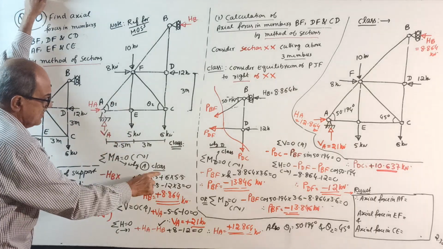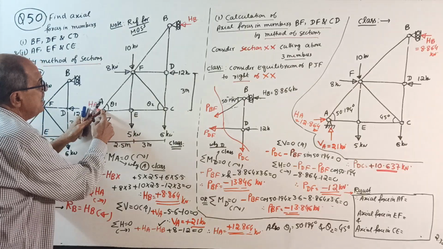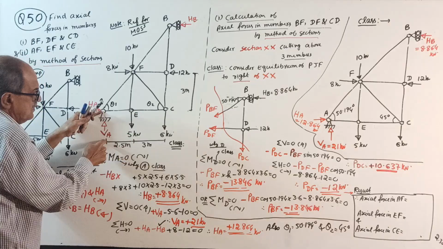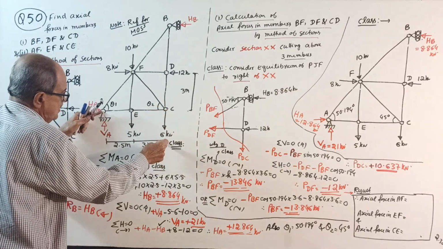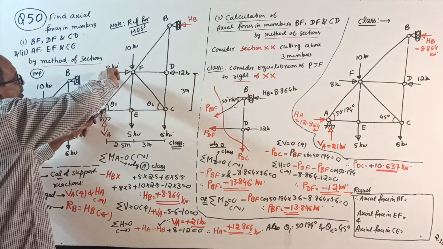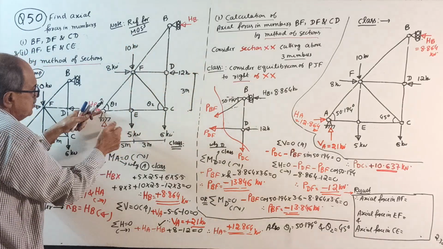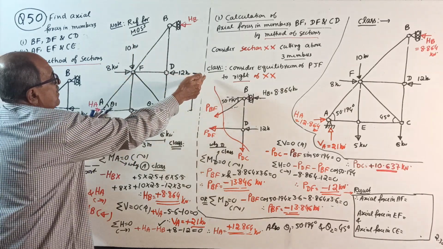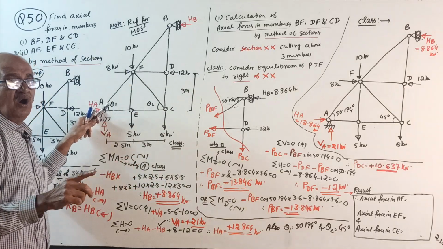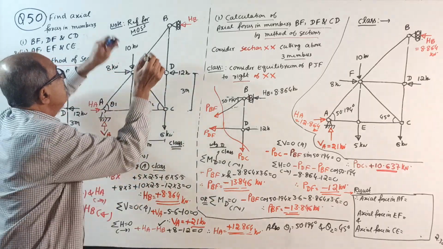Now, class, when you take moment about A, 5 into 2.5 clockwise, 6 into 5.5 clockwise, 8 into 3 clockwise, 10 into 2.5 clockwise, 12 into 3 anti-clockwise, so minus. This you all know, but what about HB?